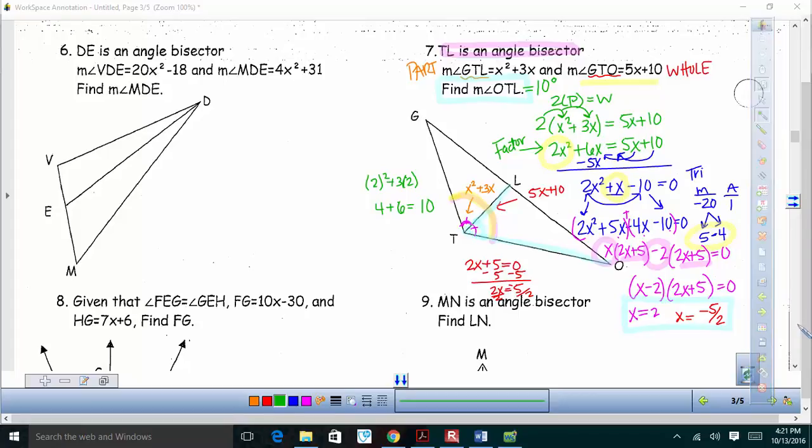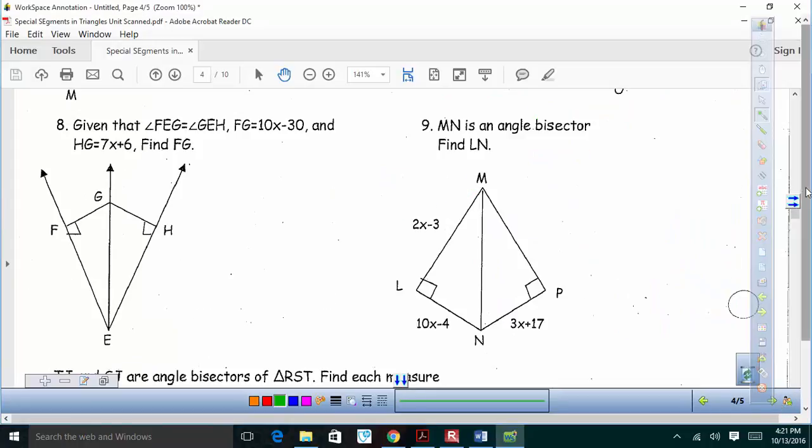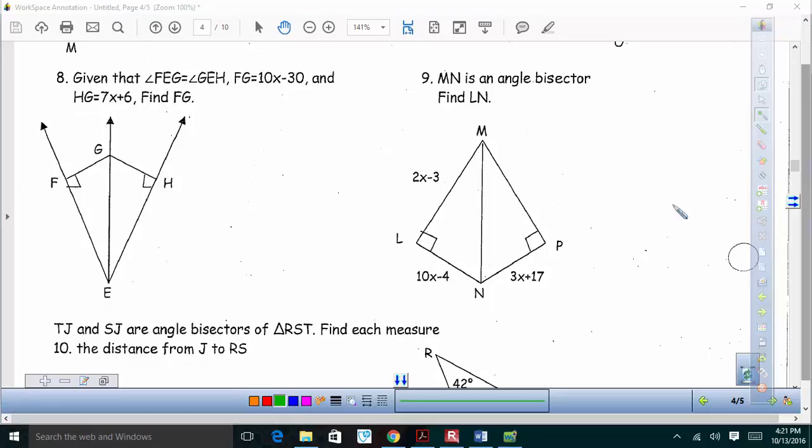The next problem we're going to look at is number 8. Okay, so let's look at 8. So 8 says, given that angle FEG is equal to GEH, so FEG is this angle right here. They're saying that angle is equal to GEH.